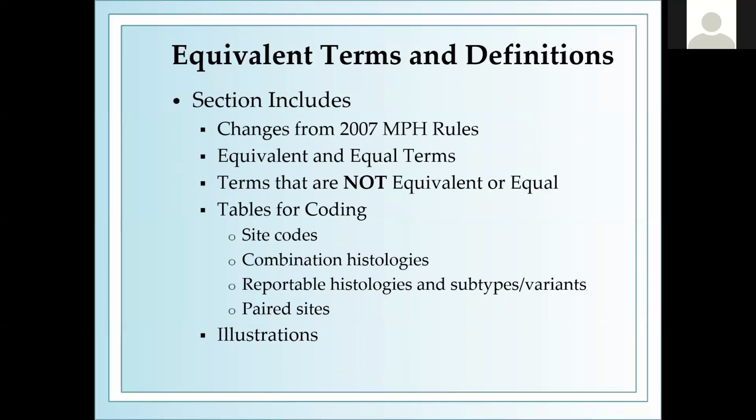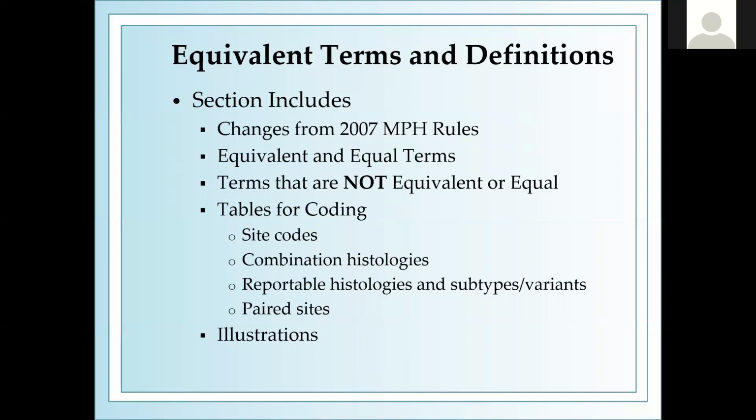Then there is the list of equivalent and equal terms. Sometimes there will be a list of terms that are not equivalent or equal. Then there are the different tables, and each site group module is different for the types of tables it may have.